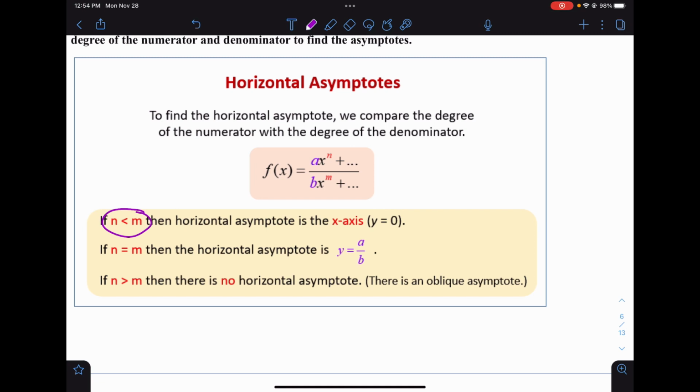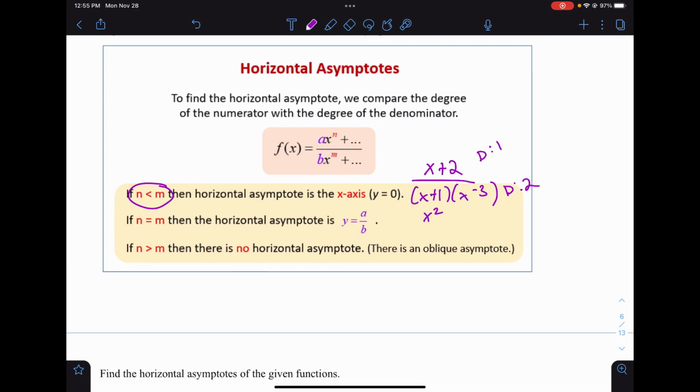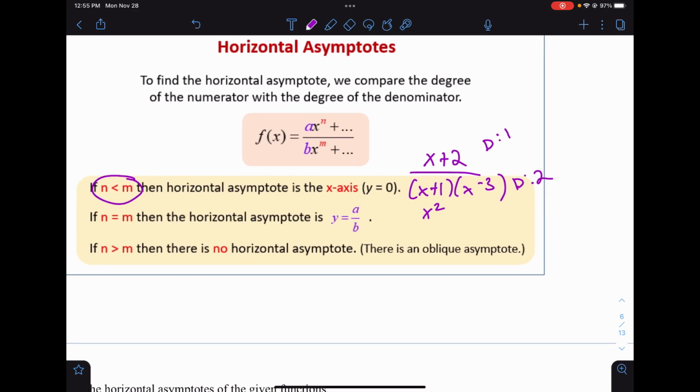So the first one is if the degree of the denominator is bigger than the degree of the numerator. So for example, let's say we had (x + 2) over (x + 1)(x - 3), okay? On top here, we have a degree 1. On bottom, we have a degree 2, right? Because if we multiply this out, we end up with an x squared in the denominator. So in this case, our denominator is bigger than our numerator, okay?